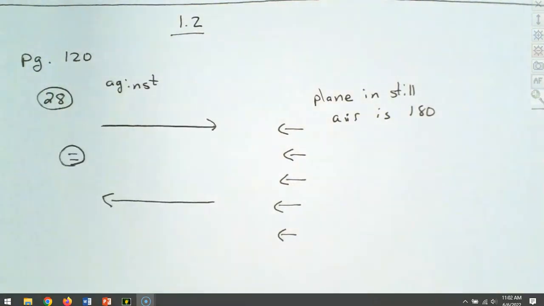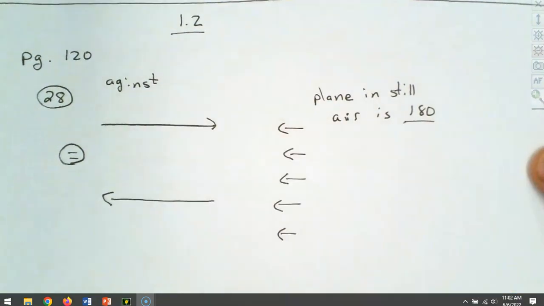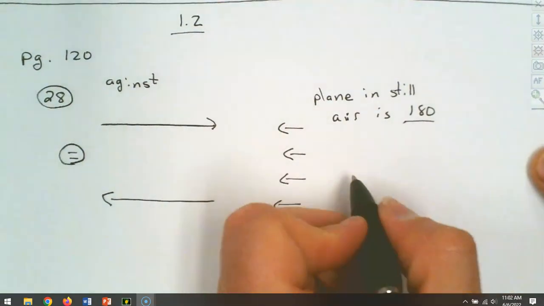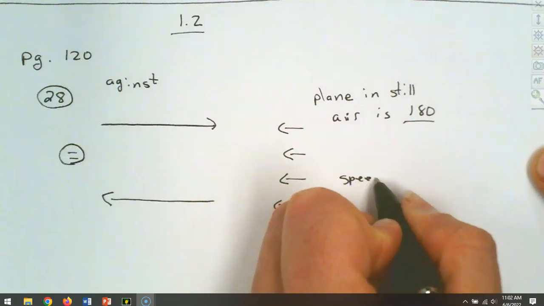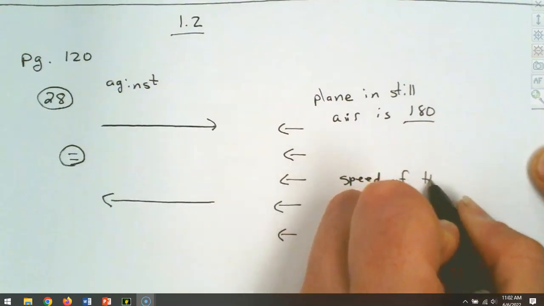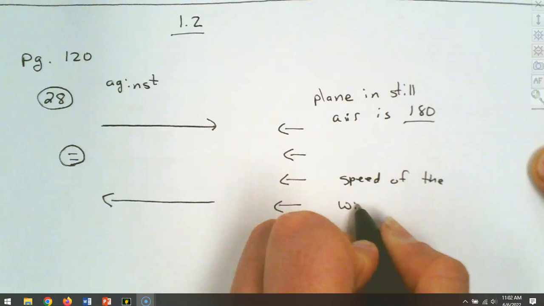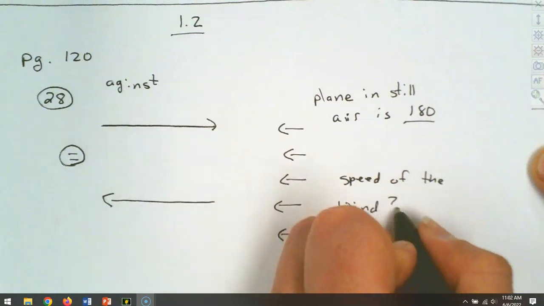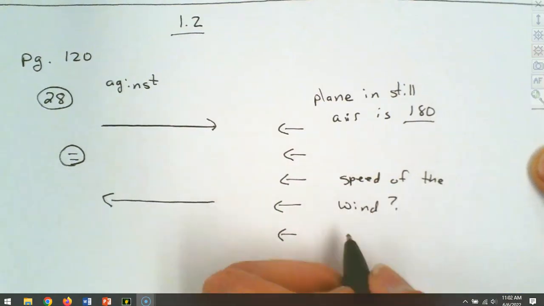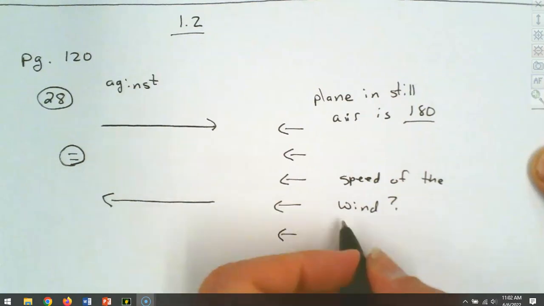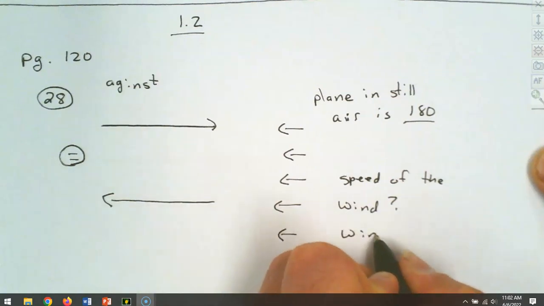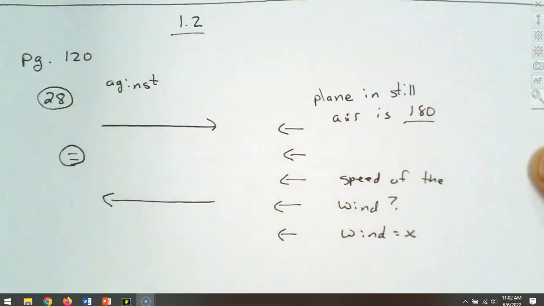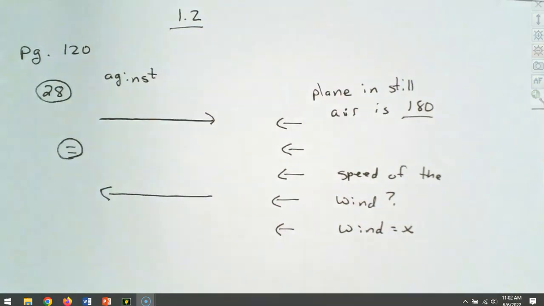What we don't know is, we know the speed of the airplane, right? What about the speed of the wind? Does it tell us the speed of the wind? No. So let's call that x, because we don't know the speed of the wind, so we're going to use an x to represent that.